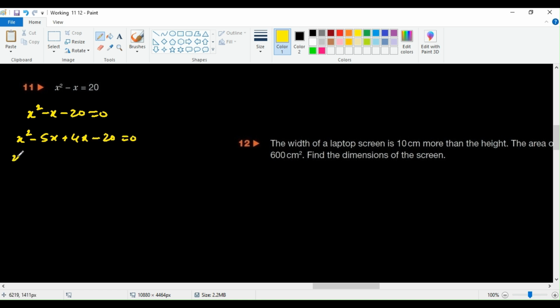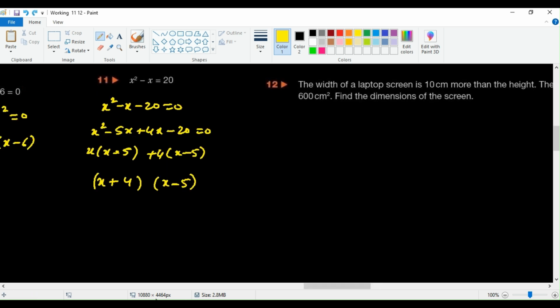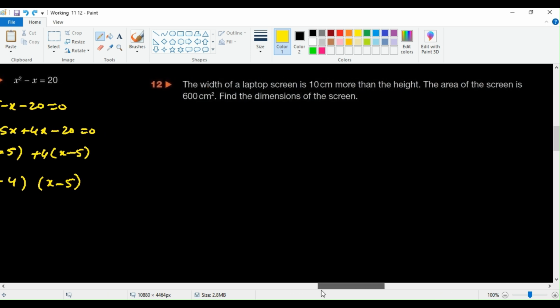That means x minus 5 will come in the first bracket, and plus 4 is going to be here. So (x plus 4)(x minus 5) are the two factors. Okay, now moving on to question number 12.